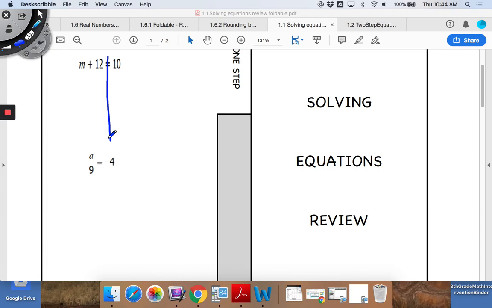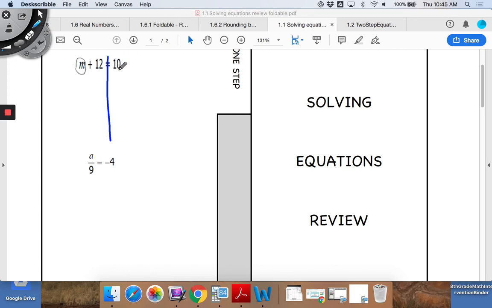So what we're going to do first is let's talk about those vocabulary words real fast. So our m here is our variable. So the letter is the variable. This plus 12 is a constant. Okay? I call it its lonely number because it doesn't have that variable stuck with it.